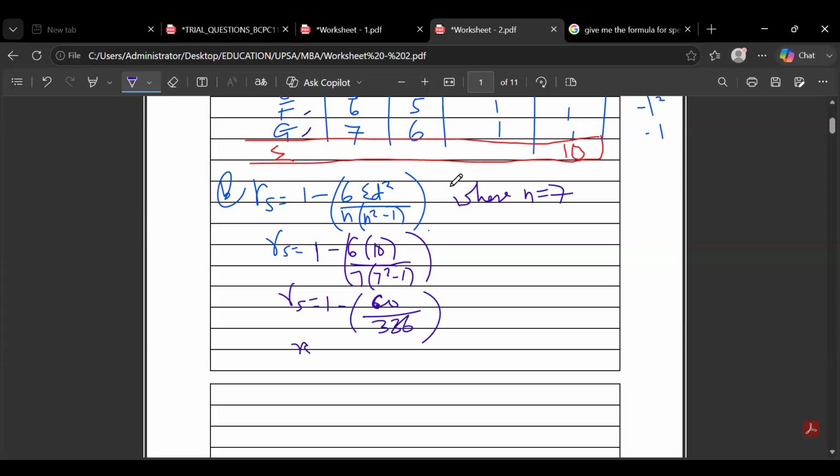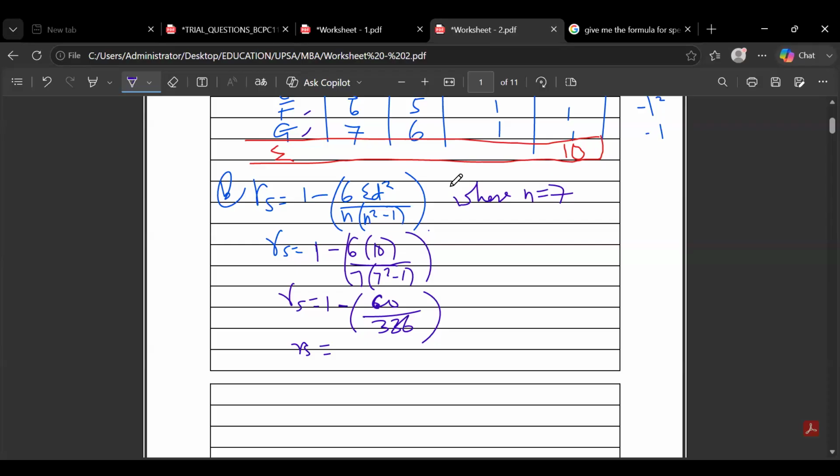So RS equals, now do all this on the calculator. 1 minus into brackets 60 over 336. I got minus 0.66666.